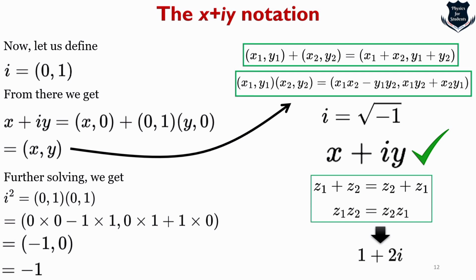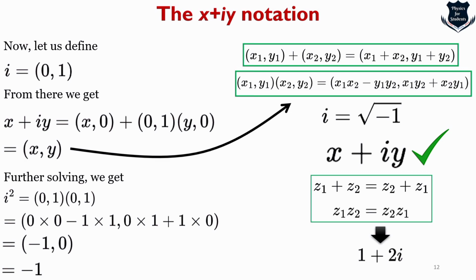So these two, z1 plus z2, actually represent the same number in particular. We use the form where x and y are specific real numbers because 1 plus 2i looks more sensible.